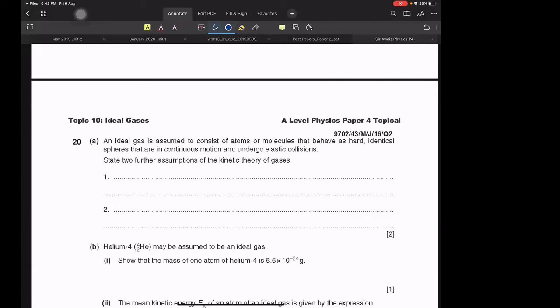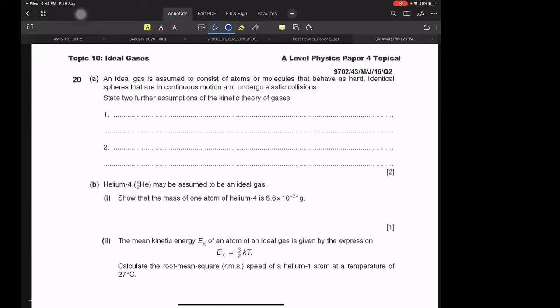There are no intermolecular forces between them. Yes. The volume of an ideal gas particle is negligible. Negligible compared to what? The volume of the container, sorry. Very good. Complete definition should be given. अब हम इसका आंसर चेक करें.